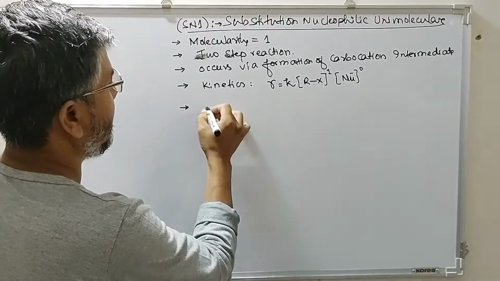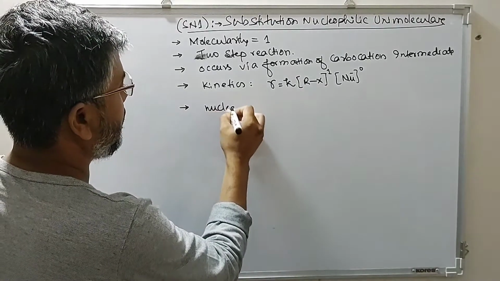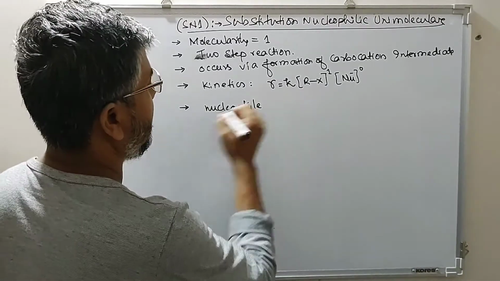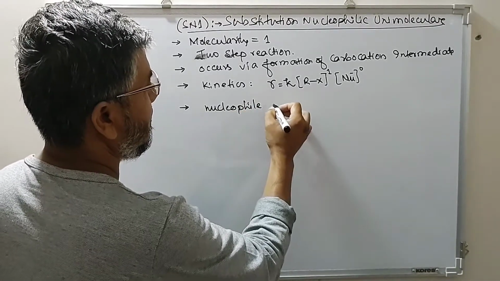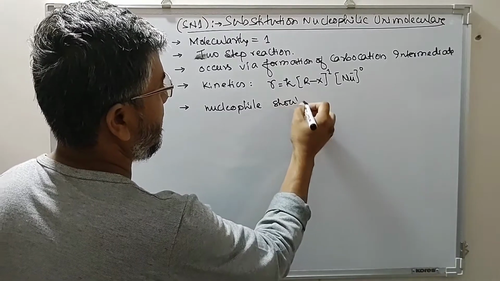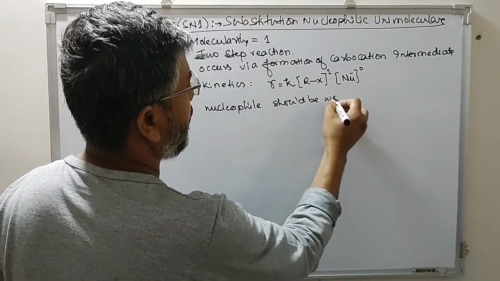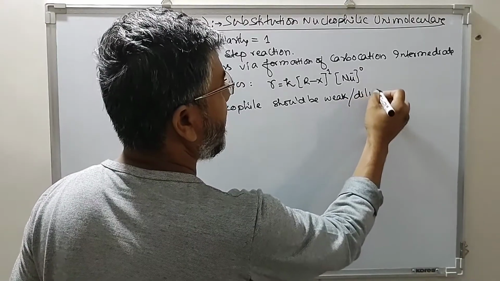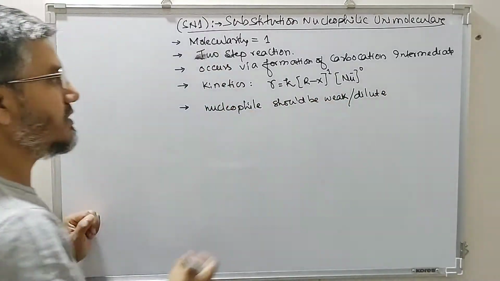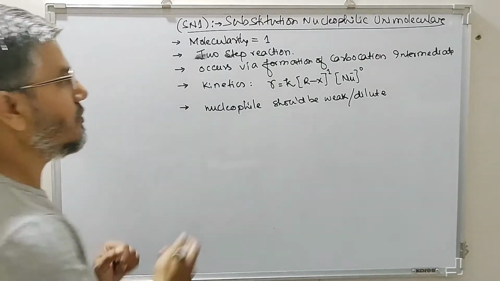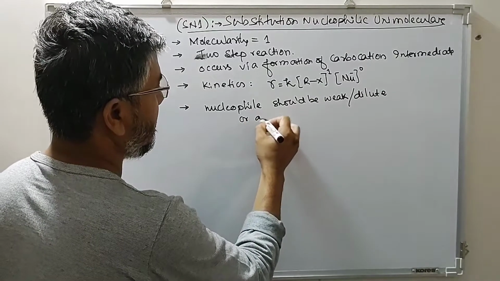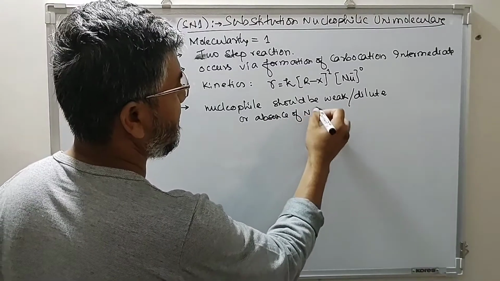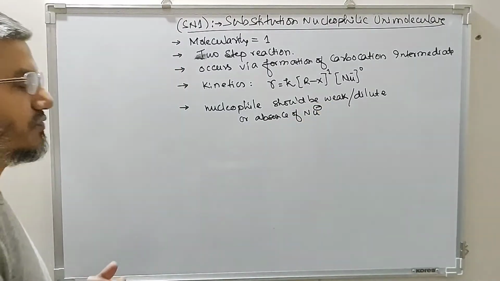So nucleophile should be weak or dilute. If at all अगर आपको use करना है, then it has to be weak or dilute or absence of nucleophile. The reaction should be carried out in absence of nucleophile.